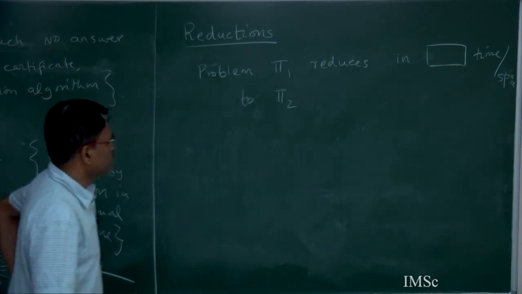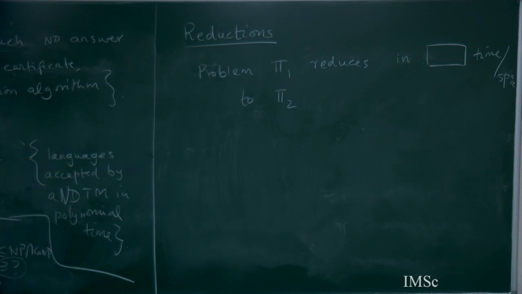So, you want to take one problem, encode it into some other problem, and use the algorithm for the other problem to solve this. This is something we have actually done several times. I will show you some examples.